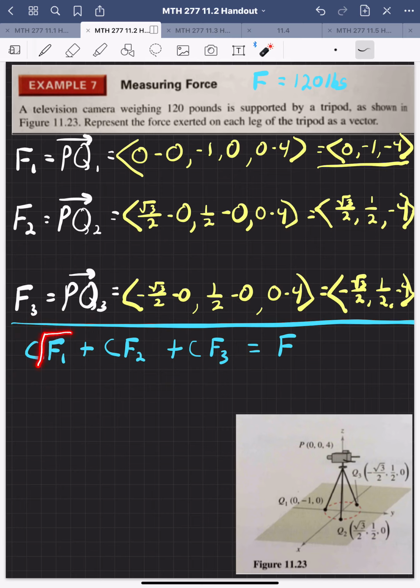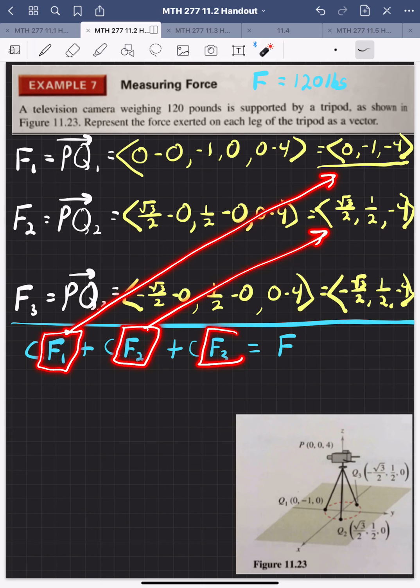Let's agree we know what to plug in for F sub 1. We know what to plug in for F sub 2. We know what to plug in for F sub 3. That's easy. The part that might not be apparent is, what do you do here?